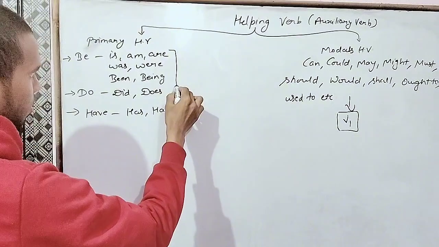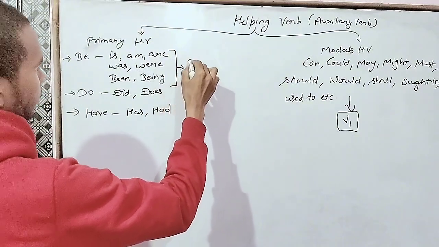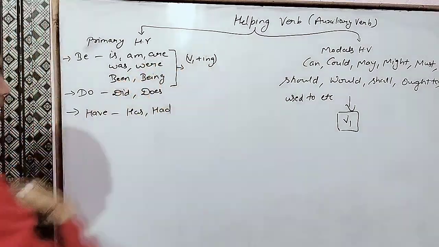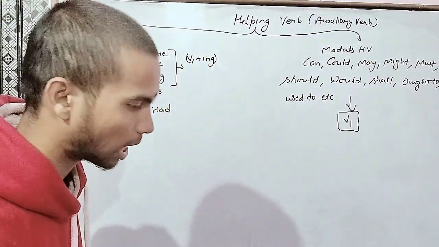After this will come V1 plus ing. For example, I am reading something. So here, I am reading.